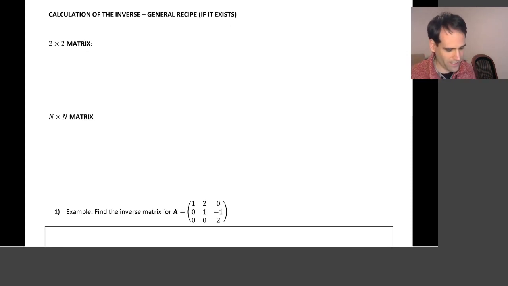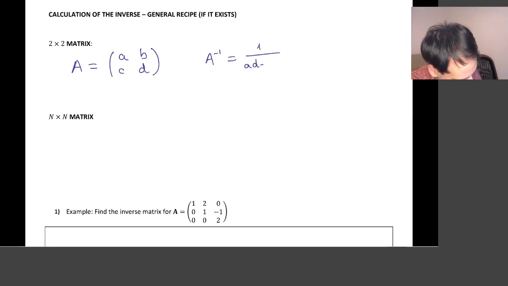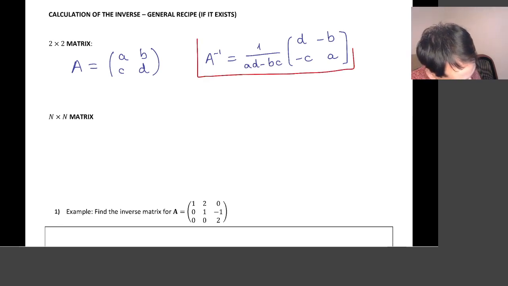For a 2 by 2 matrix, let's call it A equals A, B, C, D. The inverse matrix is really easy. The inverse matrix is equal to 1 divided by the determinant of A, which if you remember was A times D minus B times C, times this matrix: D, minus B, minus C, A. This is the general recipe for the inverse of a 2 by 2 matrix.